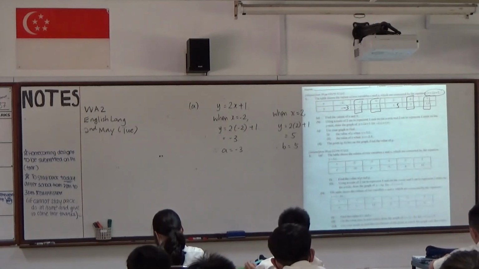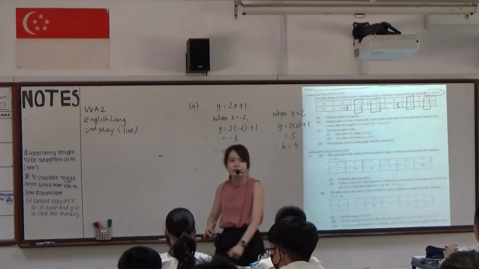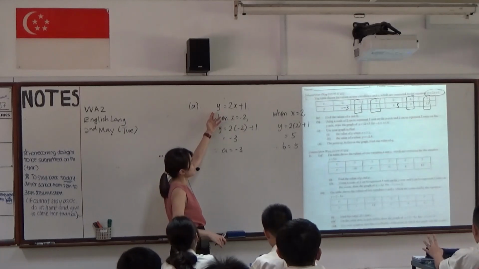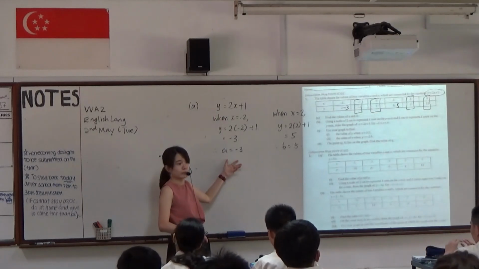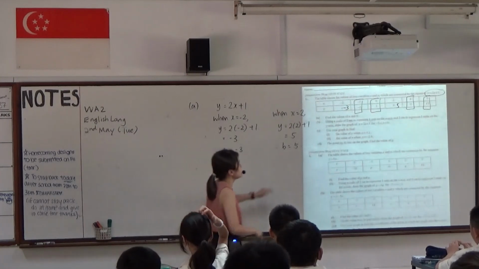Usually in a question, the first part they will ask you to find this kind of values, and that is just putting into the equation that we have and finding the value. Questions? Alright, now let's go into part B.